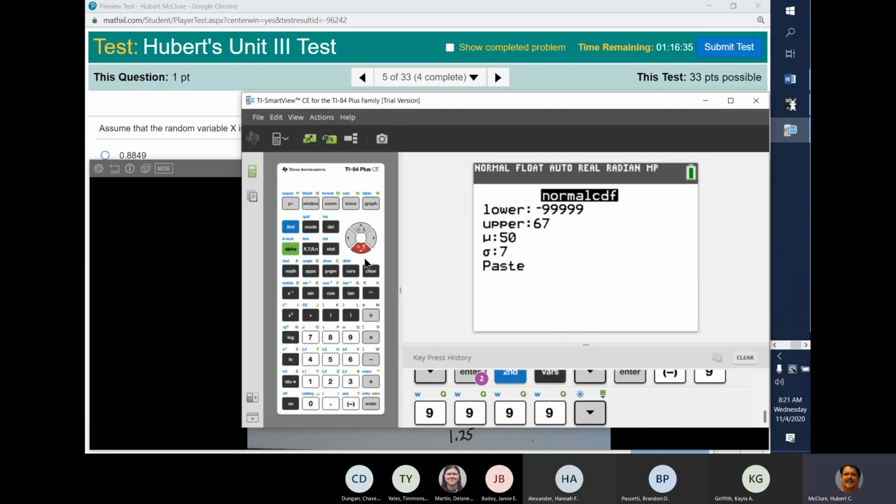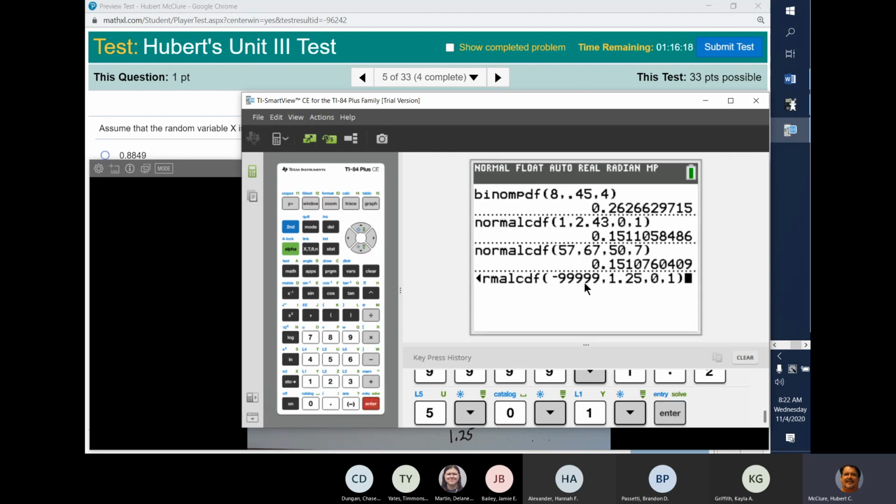And since somebody might have an older calculator, I'm going to do the older calculator first. It's going to be 1.25. Mean is 0. I can't change it on an older calculator, so it'll stay like that. And hit paste. And that's what it would look like on an older calculator.